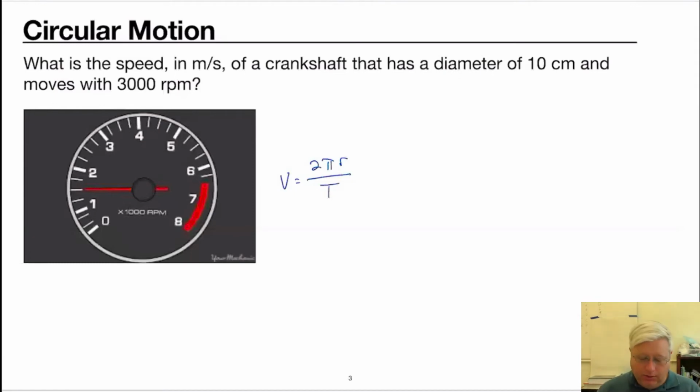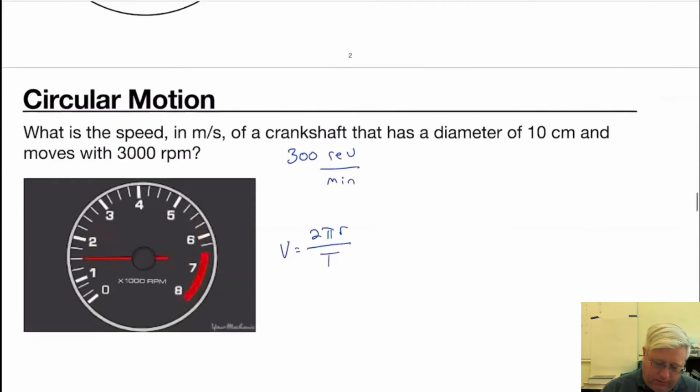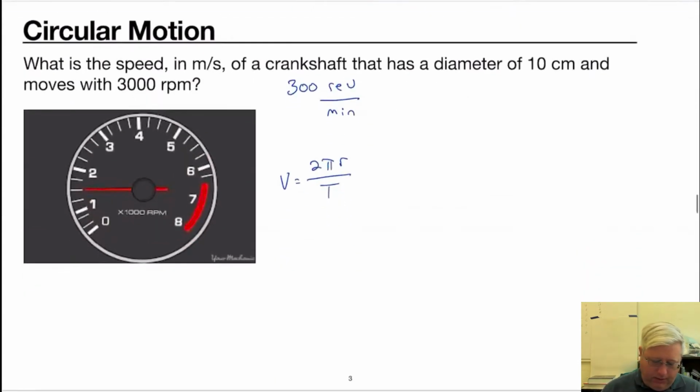But it's really not. It's just a series of pictures happening so fast we can't tell. So we're given this is 3,000 revolutions per minute.